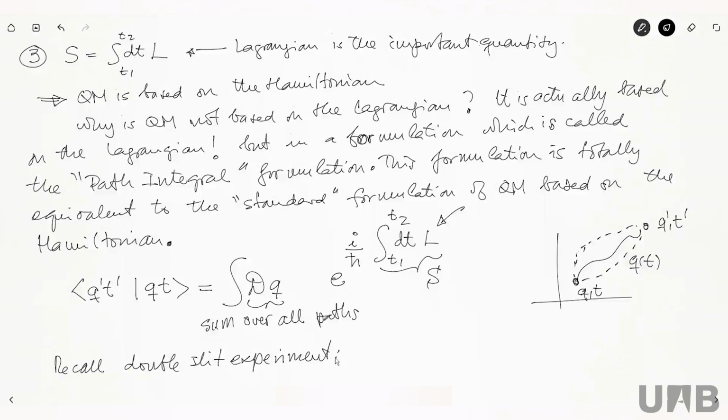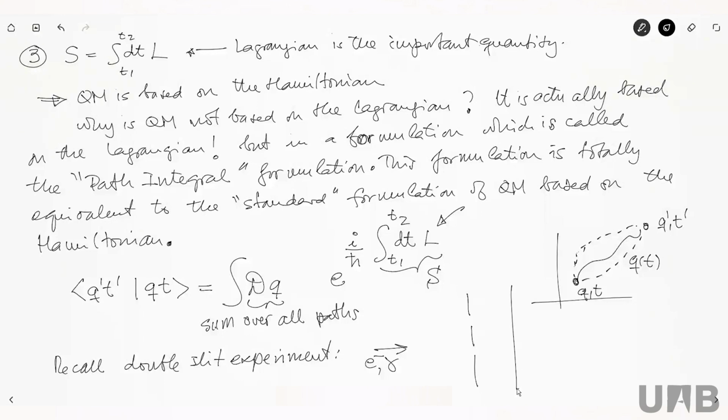It is an experiment that you probably saw in the very first days of your course in quantum mechanics, in which you send some projectiles, could be electrons, could be photons, whatever you want, against a screen that has 2 little holes.